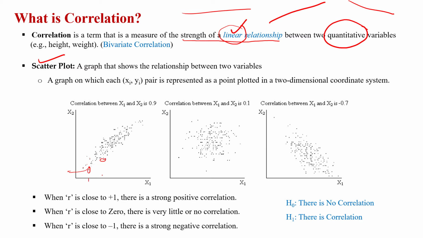As you can see here, as the value of x1 increases, the value of x2 is also increasing. So they have a positive relationship. If we calculate the correlation coefficient from these data points and get 0.9, we can say that 90% of the time when x1 increases, x2 also increases.